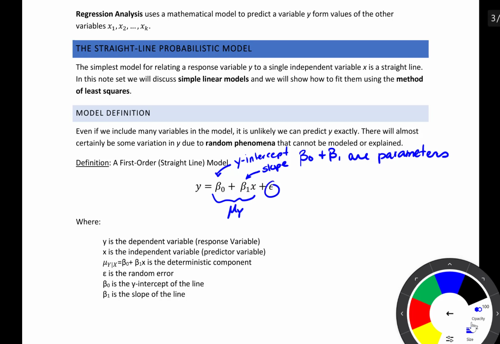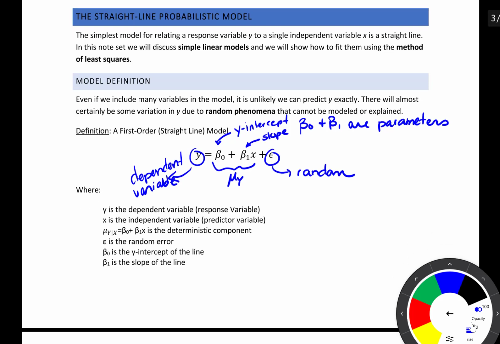And then finally the epsilon, remember that is the random component. And then y, that is the dependent variable. Okay, and then I have all of those defined down here at the bottom.